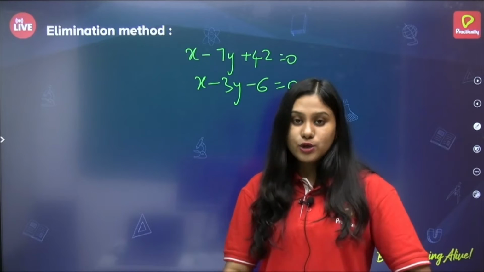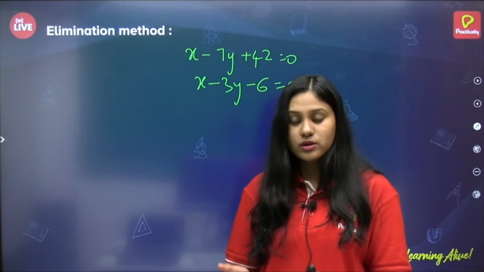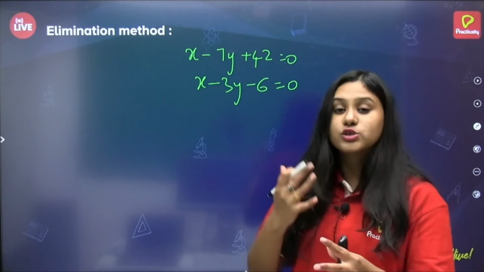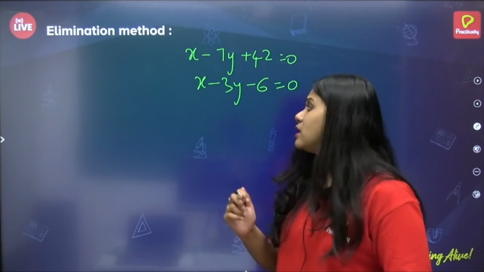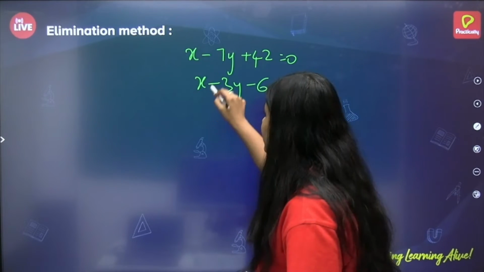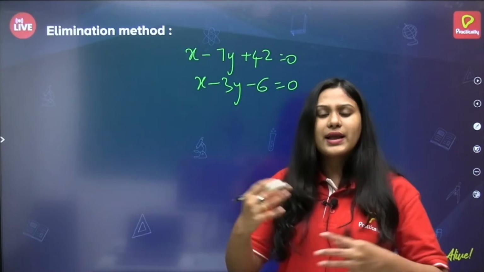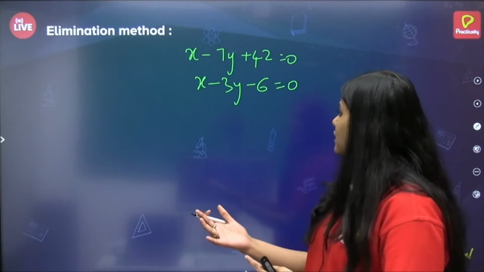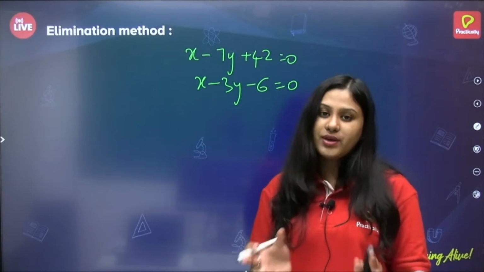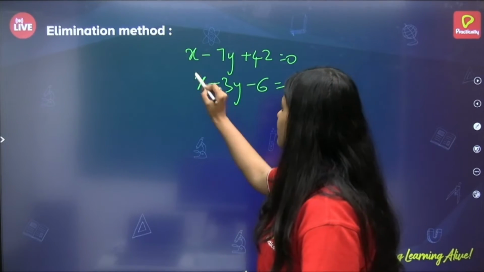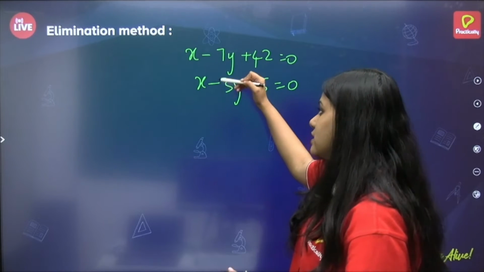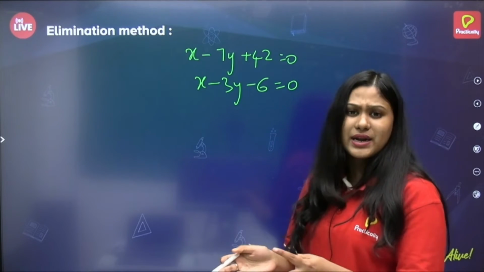To continue with the elimination method, you have to check which variable you can eliminate here. The easier way is I can eliminate x using a mathematical operation of subtraction or addition. I can add two equations or I can subtract two equations so as to eliminate one variable. In this, both are positive. So, when I subtract these, I can eliminate x, right?